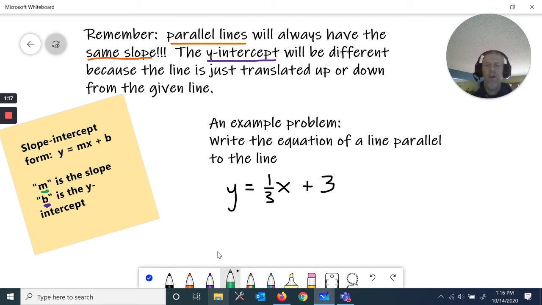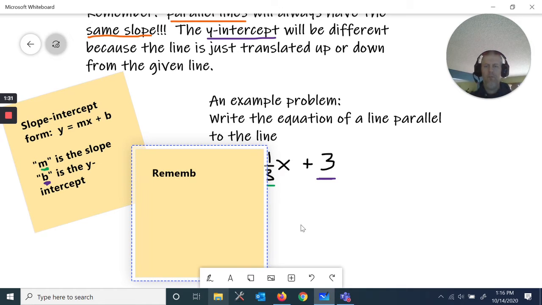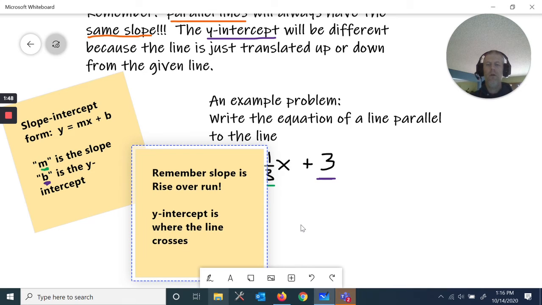Okay, so then my slope is this 1/3. That's my rise over run. So remember, slope is rise over run, and b is my y-intercept. That's where the line crosses my y-axis.